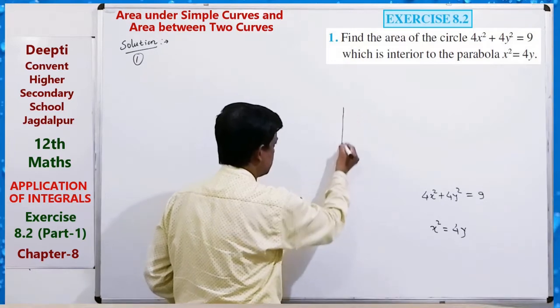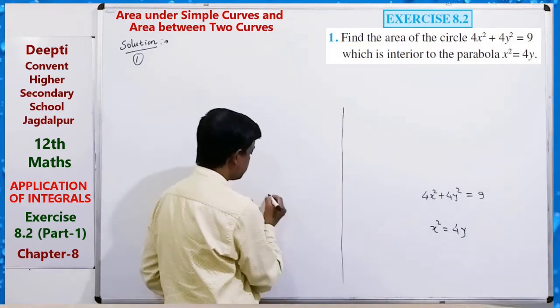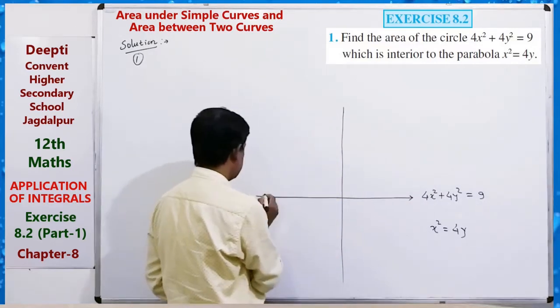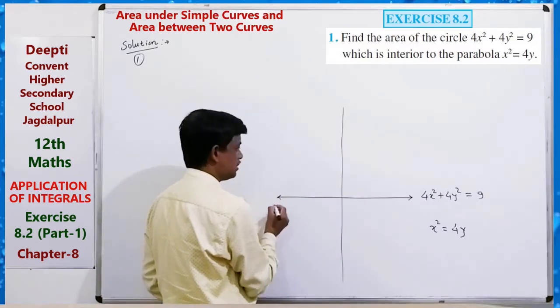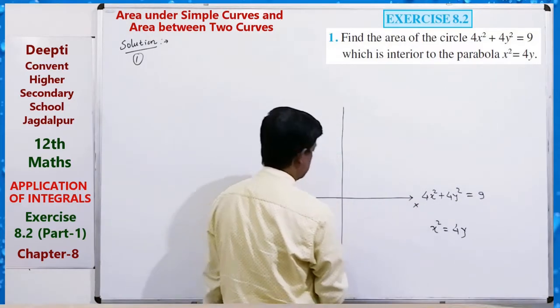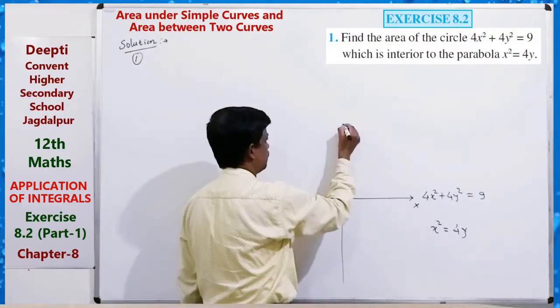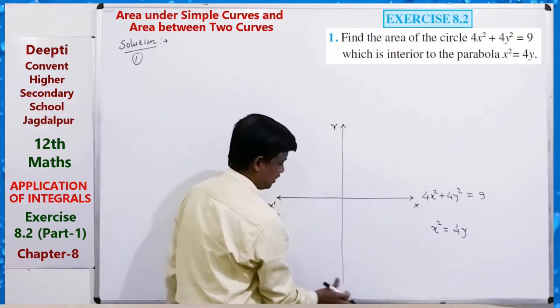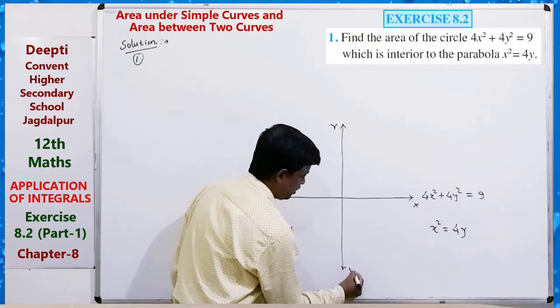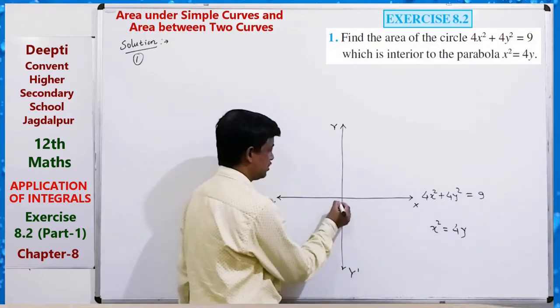So here, suppose this is the y axis, this is the x axis, clear? This is x dash, this is x, this is the y axis, and this is y dash.